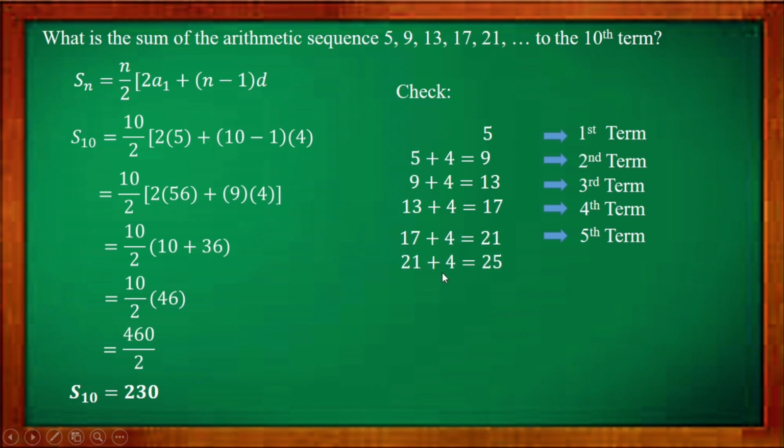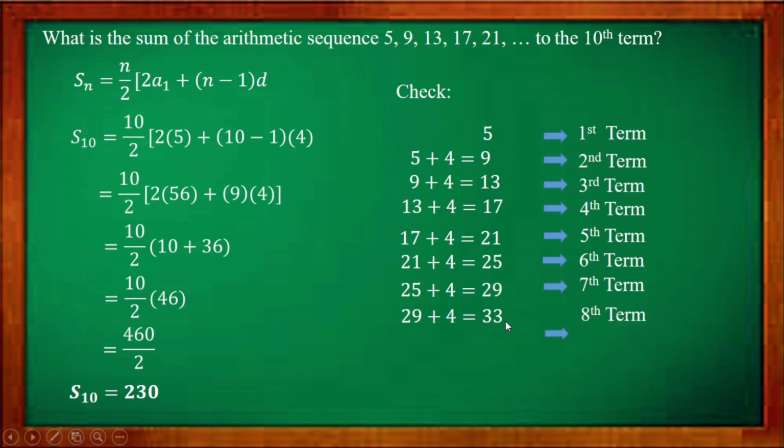So 21 plus 4 equals 25, and 25 is our sixth term. 25 plus 4 equals 29, and 29 is our seventh term. 29 plus 4 equals 33, and 33 is our eighth term. Then 33 plus 4 equals 37, and 37 is our ninth term. 37 plus 4 equals 41, and 41 is our 10th term. So now we arrive at the 10th term.